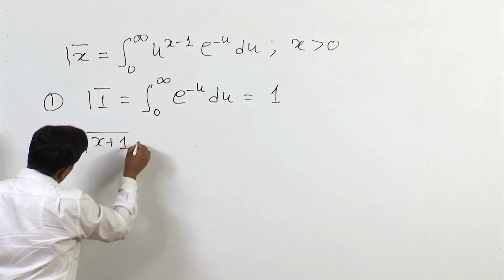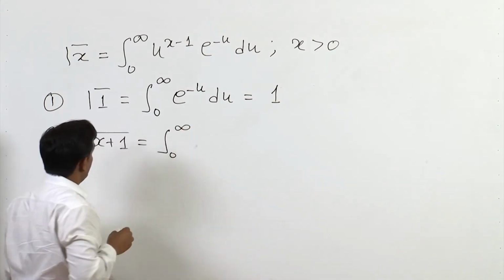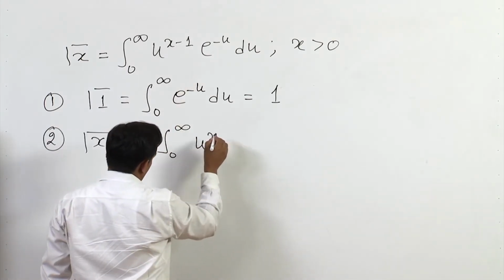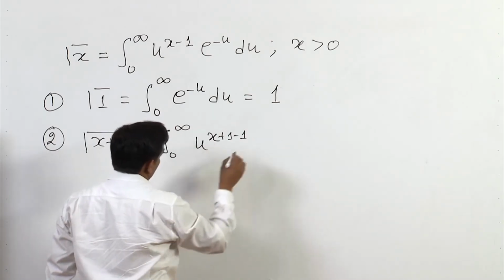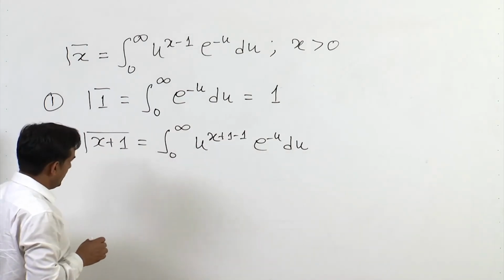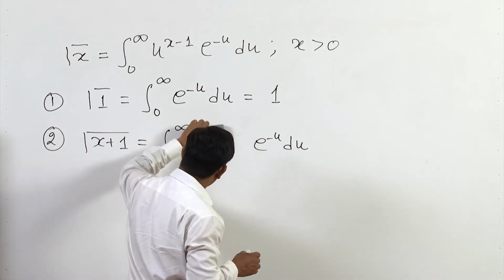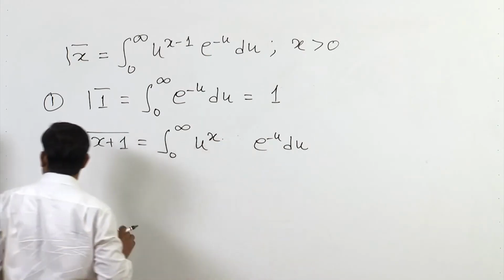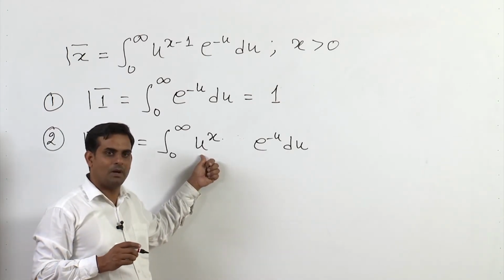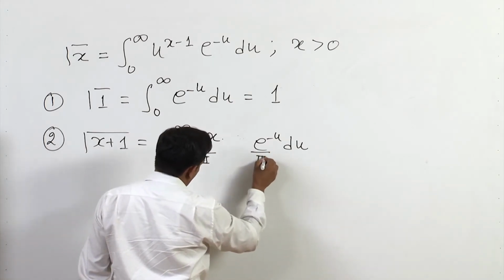If I need to calculate gamma x plus 1, in this definition I replace x by x plus 1. It becomes u raised to power x plus 1 minus 1 into e raised to power minus u du, and the 1 cancels out, so it becomes u raised to power x into e raised to power minus u du. Now I do integration by parts. I take u raised to power x as my first function and e raised to power minus u as my second function.